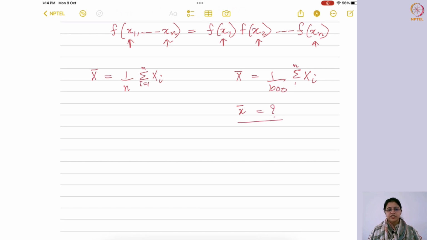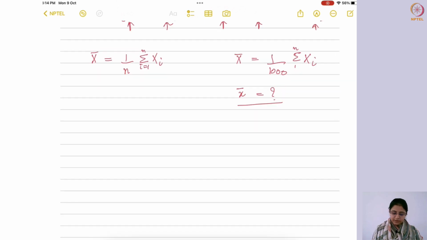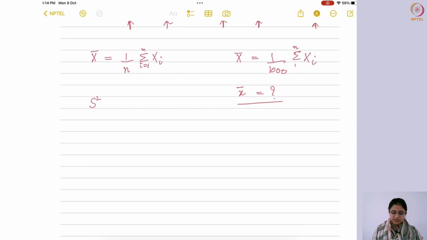Whatever you get, that would be the sample mean or the average income. And based upon that, provided it satisfies certain criteria that we will learn as we move ahead in this course, you could say that this is a good estimator for your population parameter. Sample mean, or you can say sample variance.